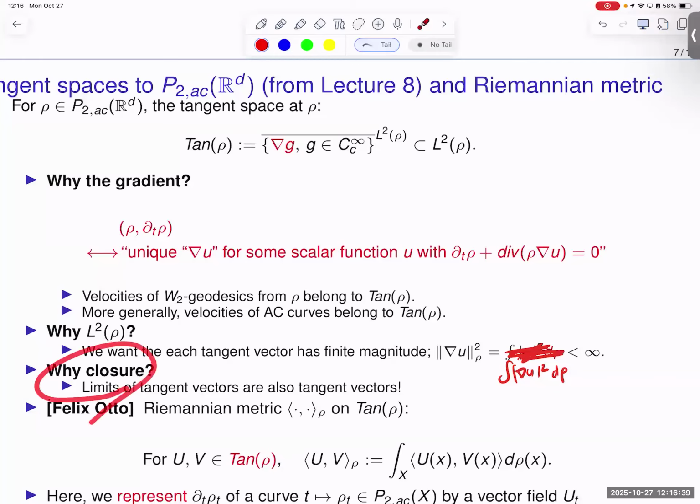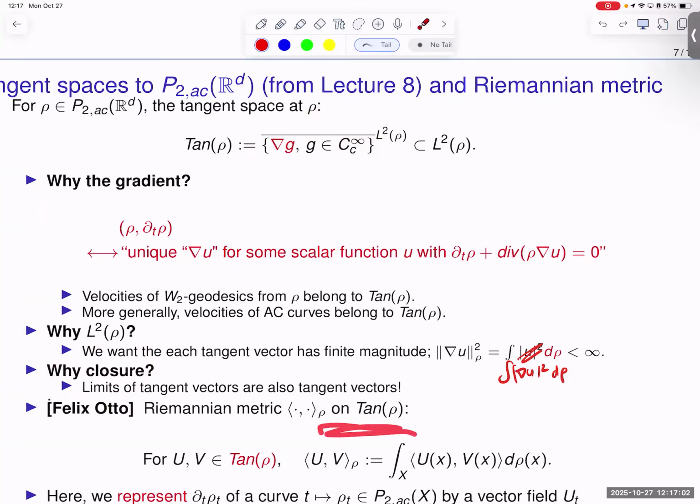That's why we want to have closure here. So I think I'm motivating why we have this as our tangent space.